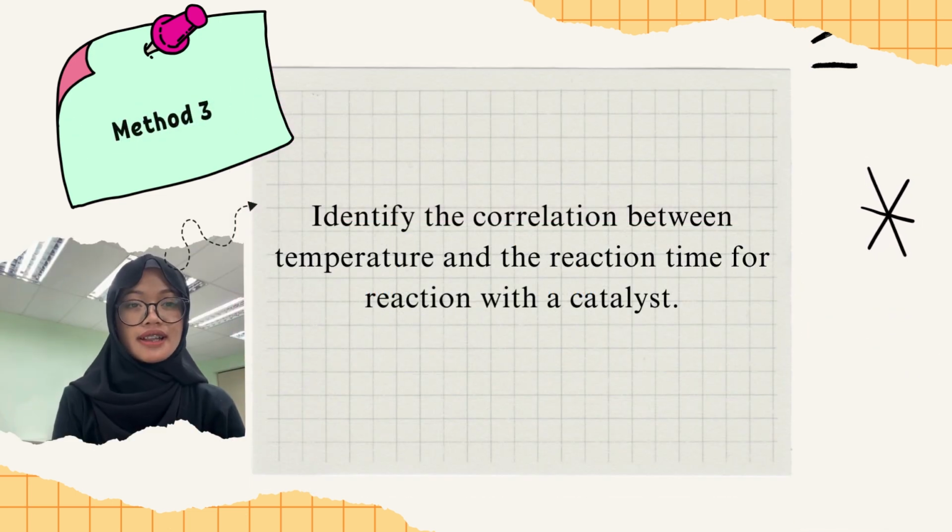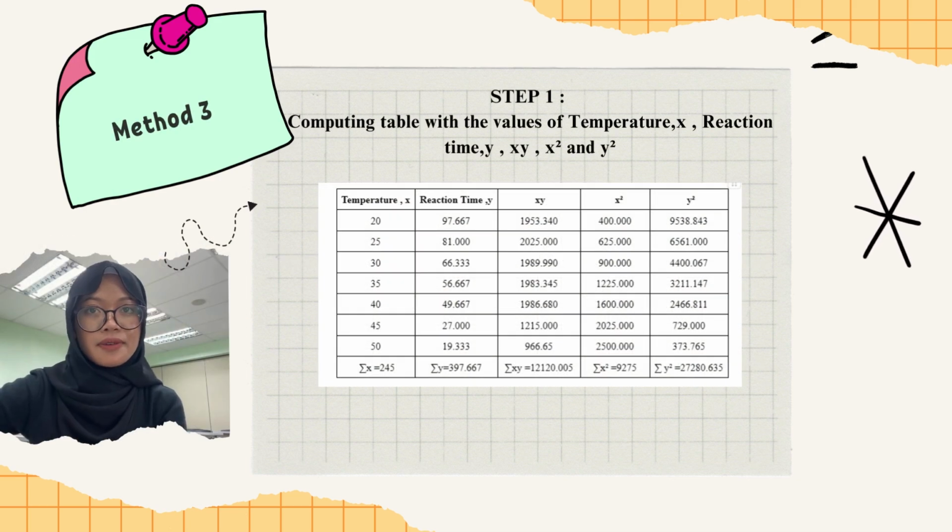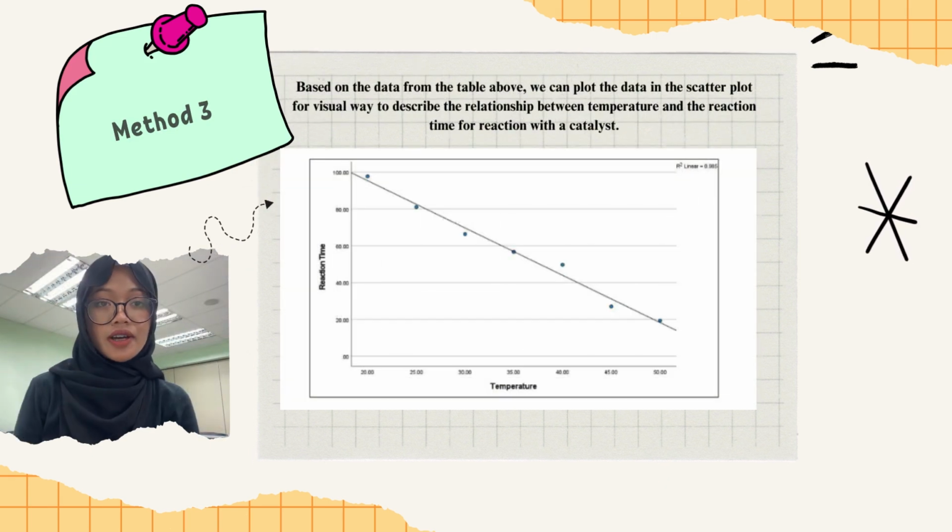Method 3 is to identify the correlation between temperature and the reaction time for a reaction with catalyst. Step 1 is to compute the table with the values of temperature x, reaction time y, x square and also y square. After we plot the data in a scatter plot, we can conclude that reaction time and temperature are relatively linear to each other.